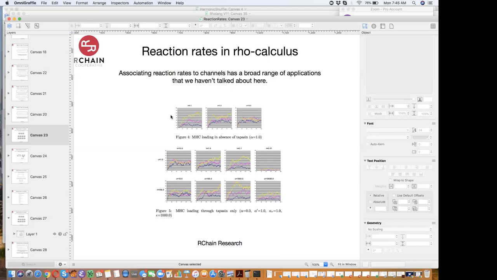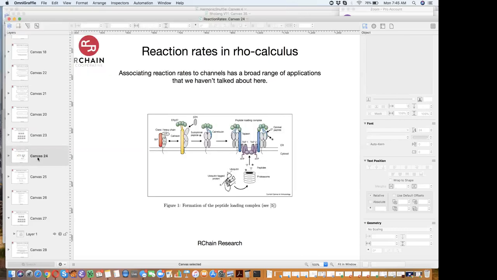Now, these graphs are of models of a fairly sophisticated process. It's a biochemical process, associated with the formation of a peptide loading complex. So we have tapasin that's related to the production of peptides off of some chain.